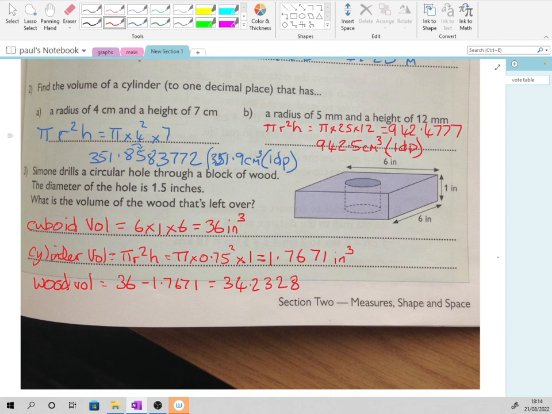Any decimal places mentioned? No. So I'll knock it down to 2 decimal places, which is 34.23 inches cubed to 2 decimal places.